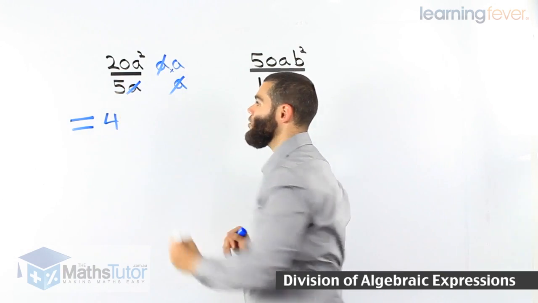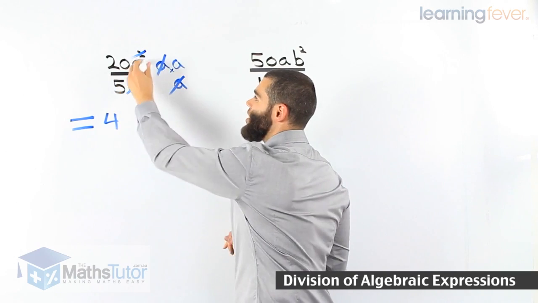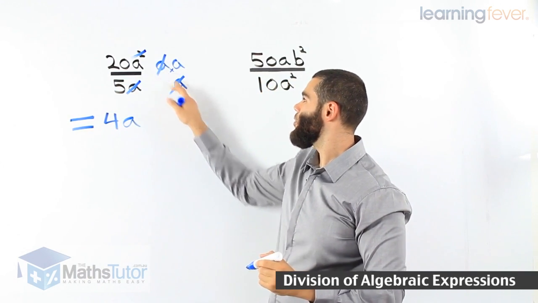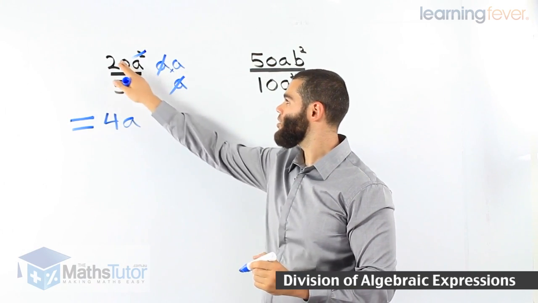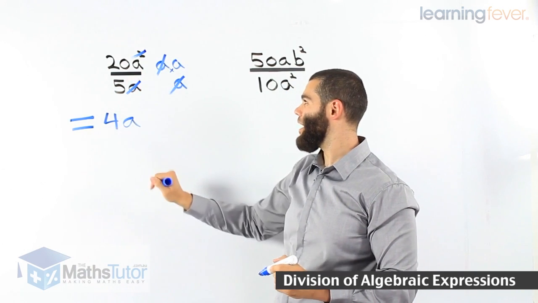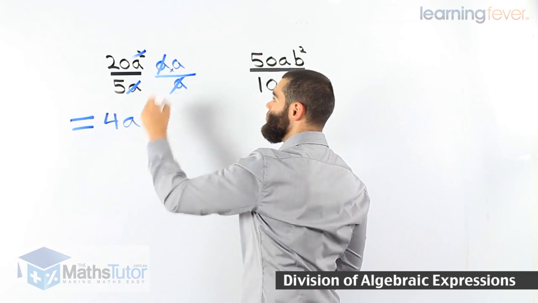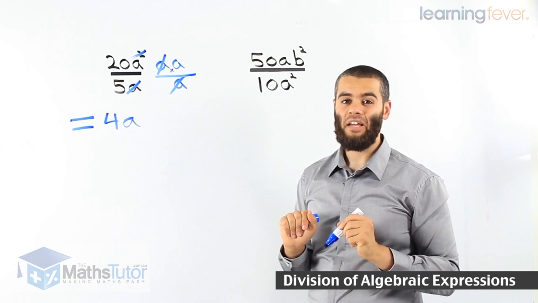We're left with an a on top, because the a from the bottom and an a from the top go. We're left with 1a on top. So 20 divided by 5 is 4, and a squared divided by a is really a at the end, which is 4a as our answer.